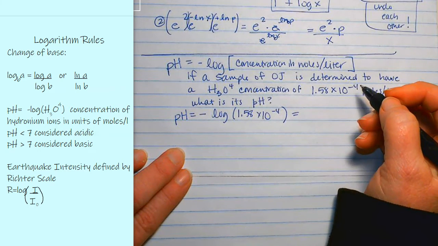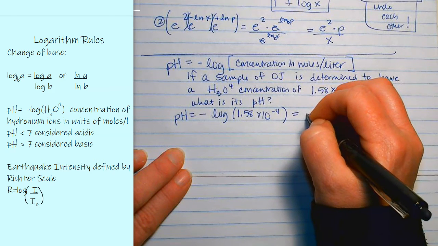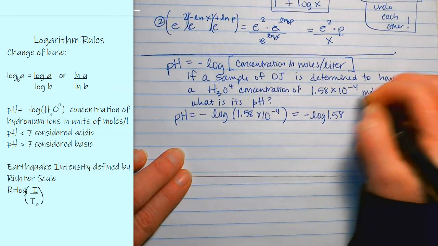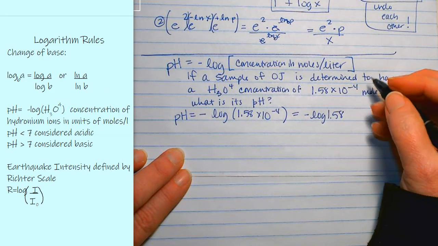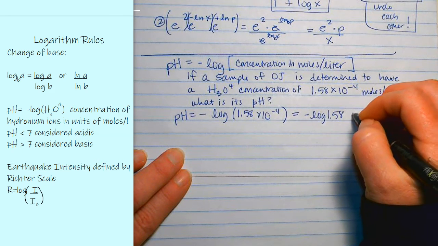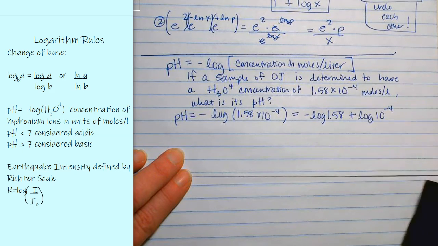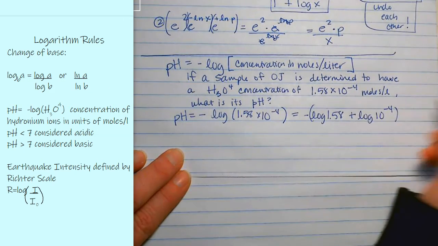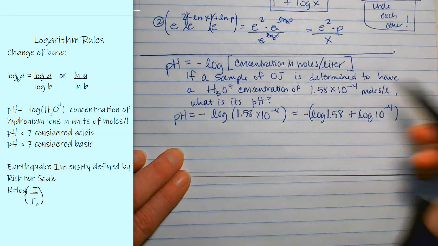If we simplify this using what we know about logarithms, we can say it's negative the log of 1.58, and then multiplication means that we're going to have plus log base 10 of 10 to the negative 4. The whole thing is negative. So this value we're going to have to put in the calculator.